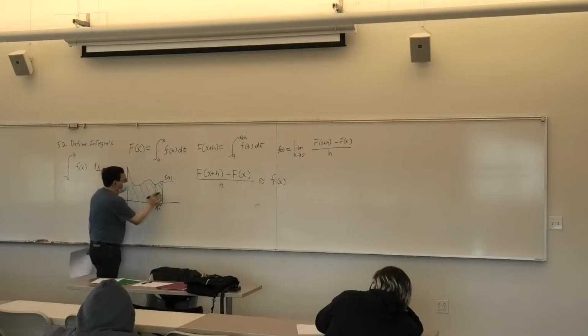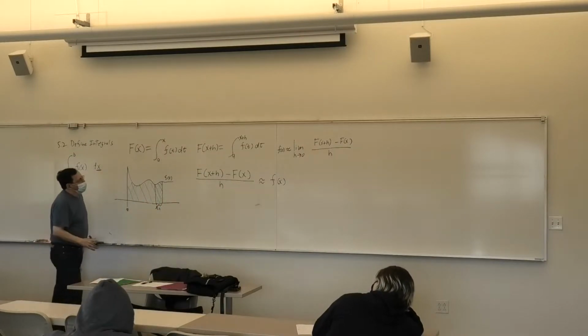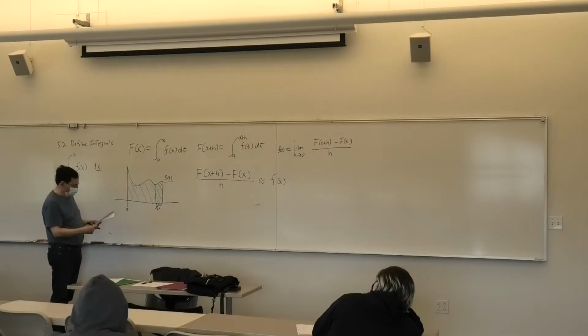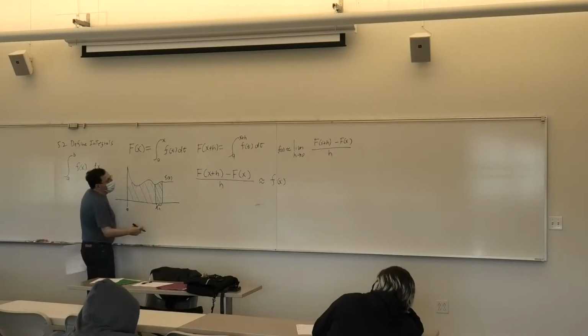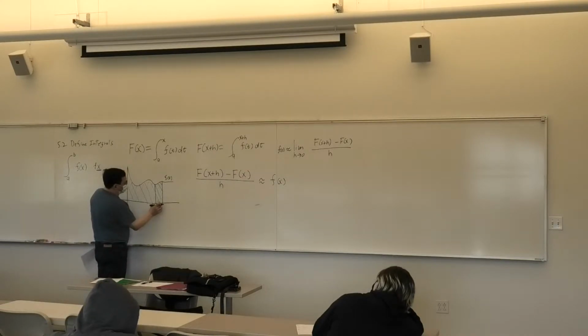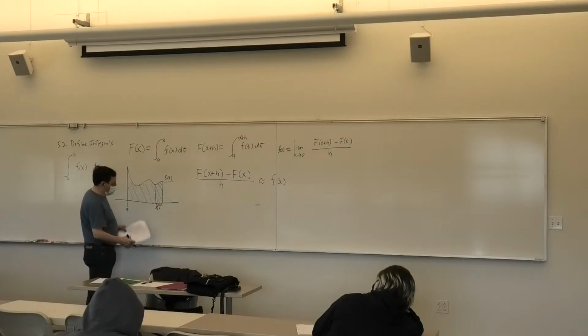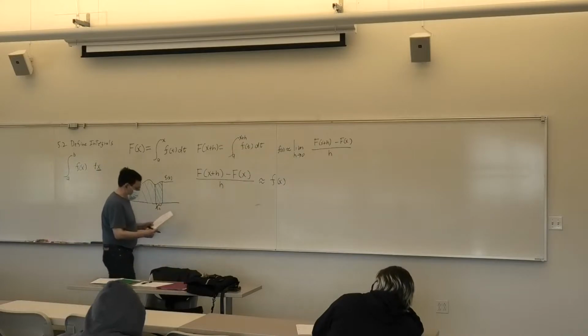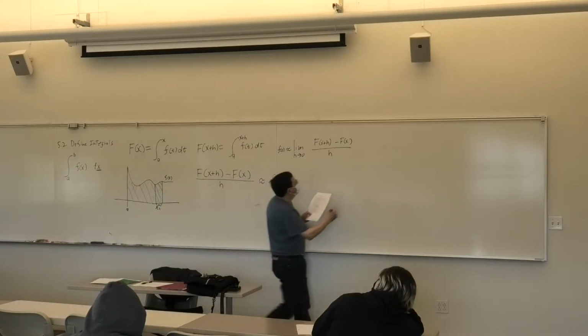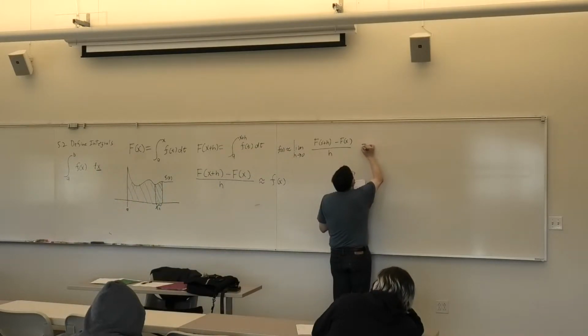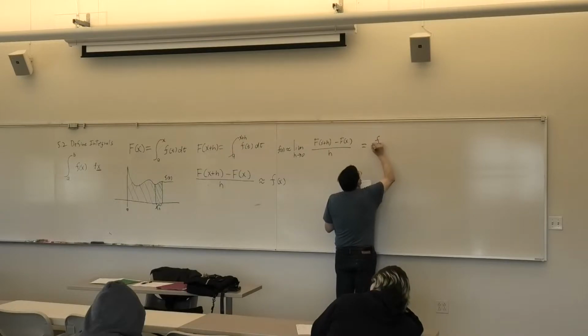Well, we want to look at the diagram now and think about that. As I said, this is approximately f of x, but it's really, again, approximately f of x.